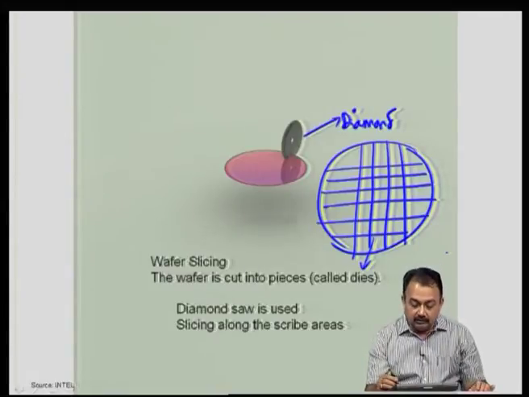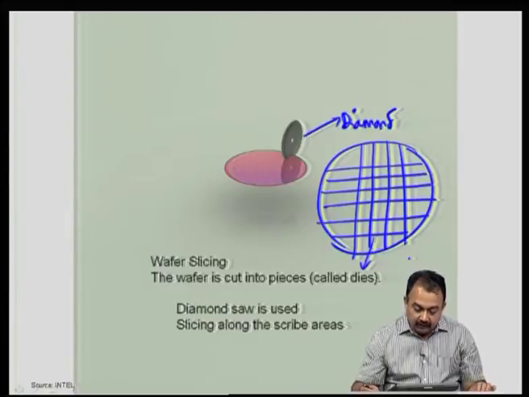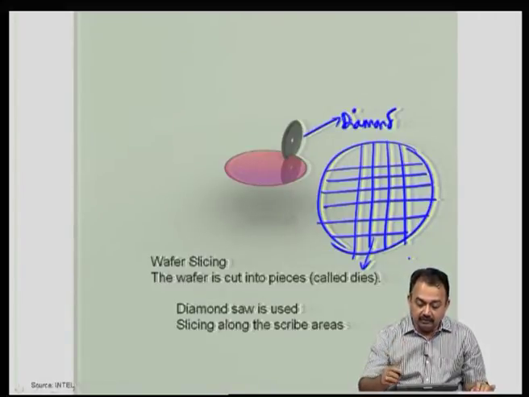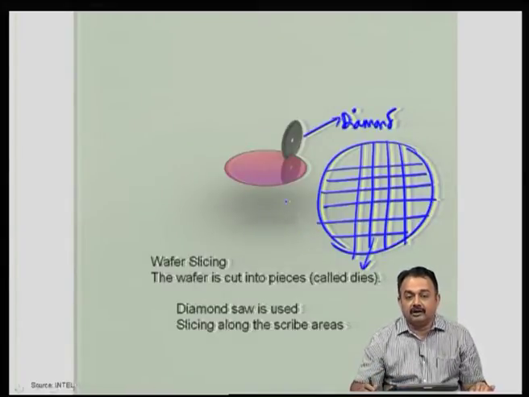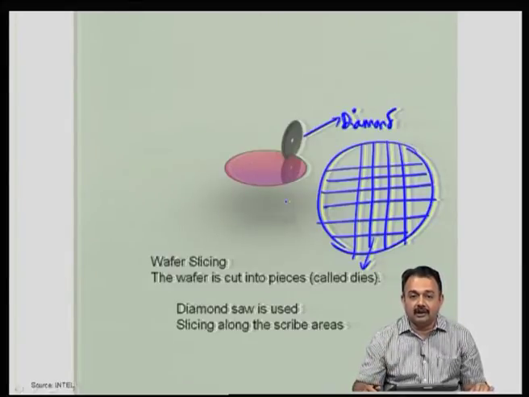That depends on the crystal structure, and it is very important that the scribe areas are well defined. Its thickness is also defined alongside the diamond saw thickness, and when you slice it, you have to make sure that the adjacent dies are not affected by vibration or other factors in the equipment.